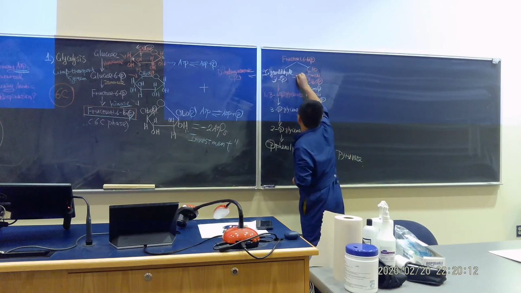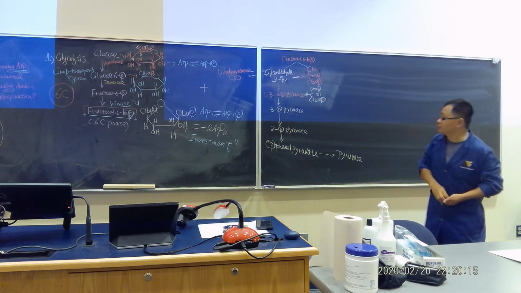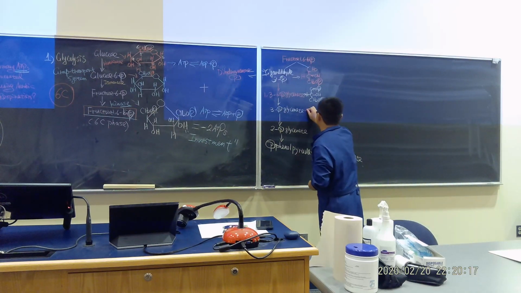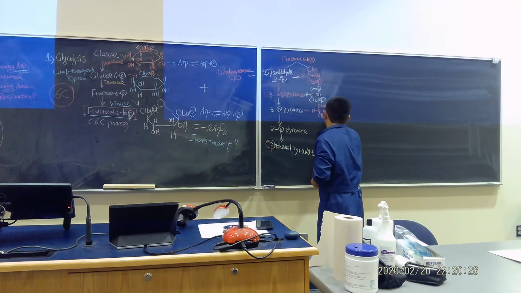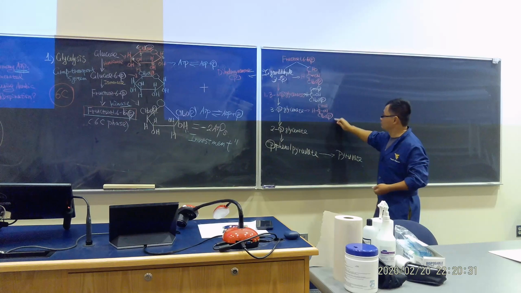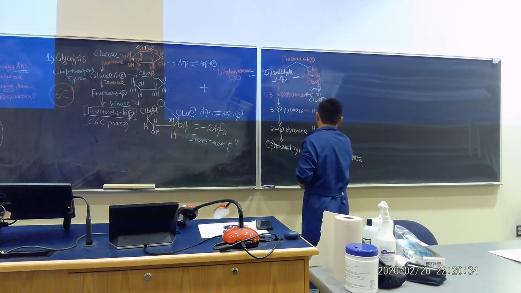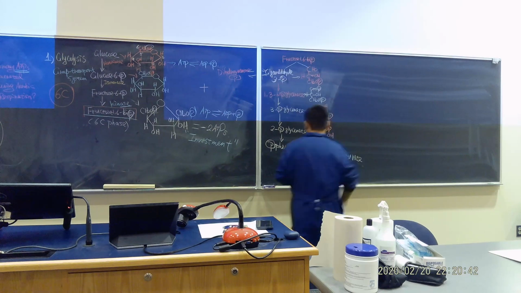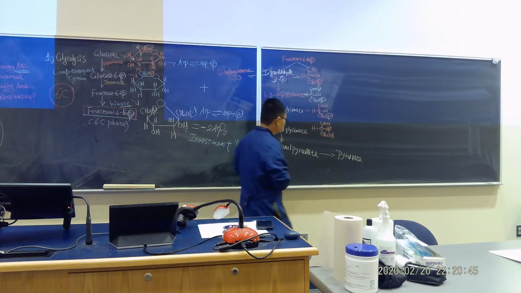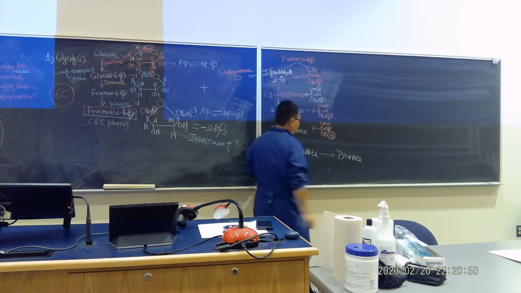So I do this way, this way. 3-phosphoglycerate. Phosphoglycerate. Move that. Pyruvate. Lose water. They don't like these things. This is very unstable when you see these.